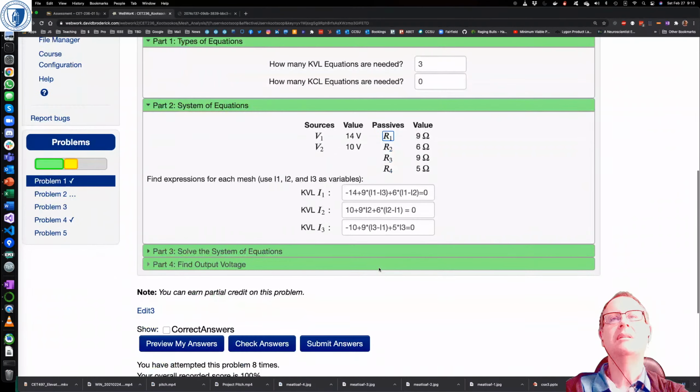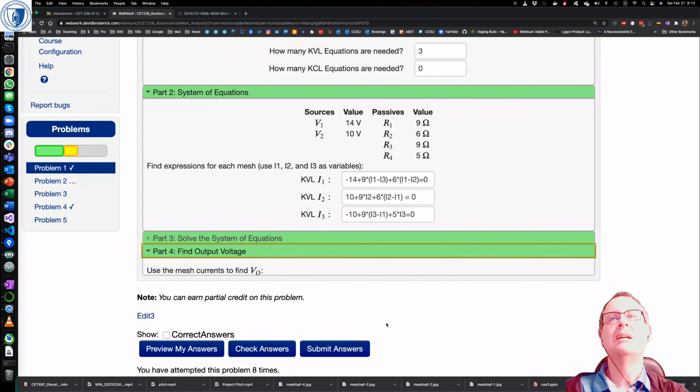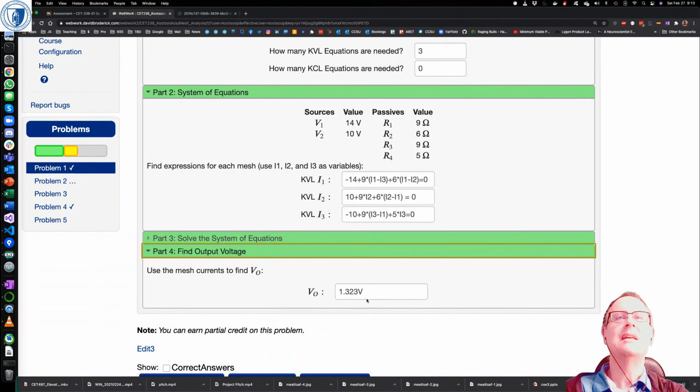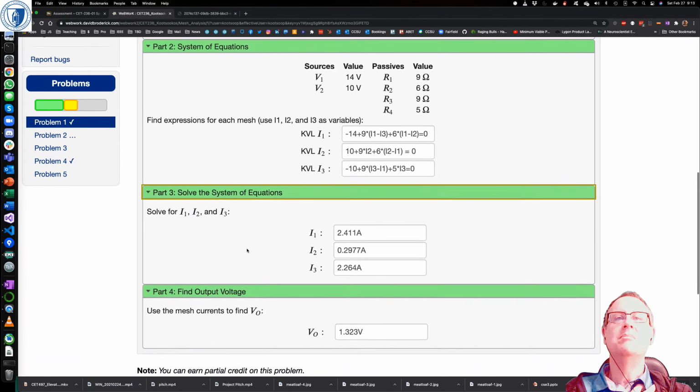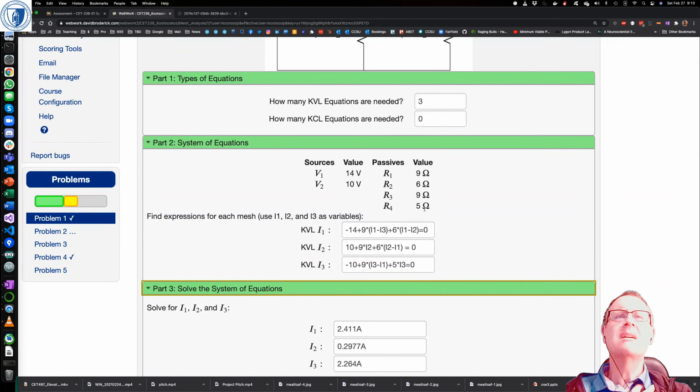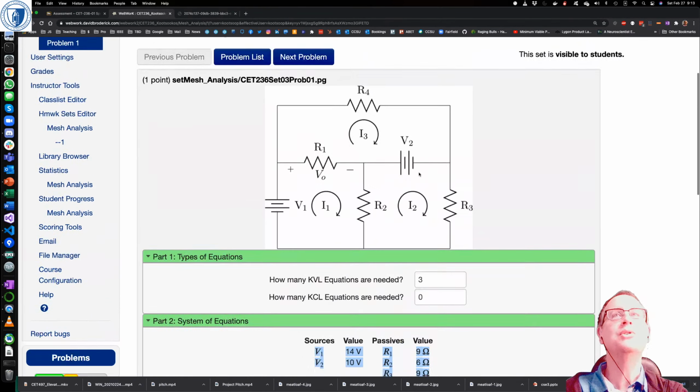But this form explicitly asks you, and it will tell you you've got it wrong if you don't finish it off. And there's some numbers. I think these values are randomly generated for everybody, so showing you this is not going to show you the solution.